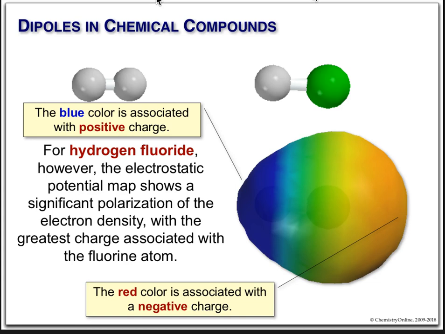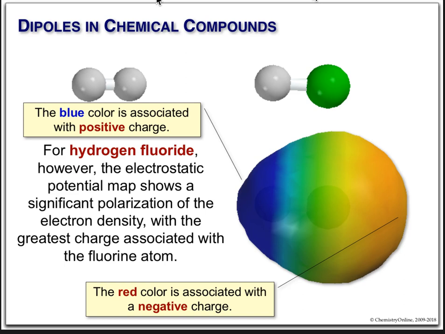Red represents lots of electrons, or a negative charge. When you look at this and the shape here, obviously this fluorine, which is right here, is sucking all these electrons away from this poor hydrogen, leaving it electron deficient, and is here basking in this huge electron cloud.